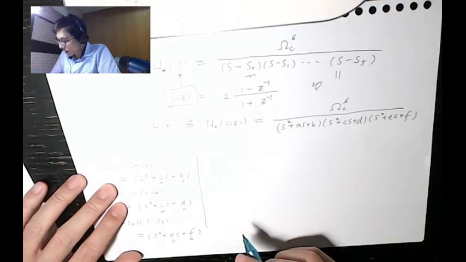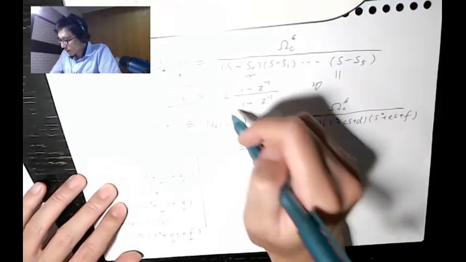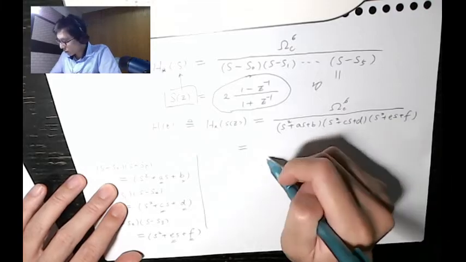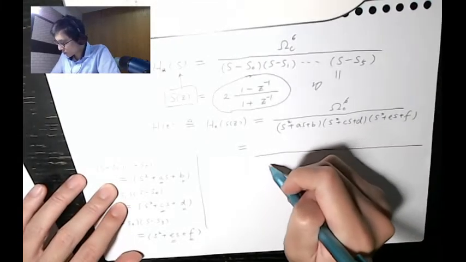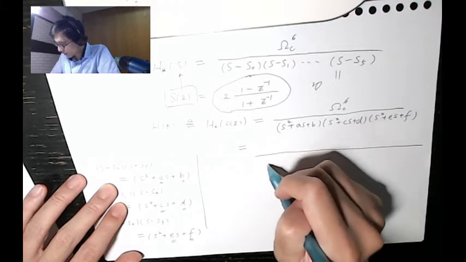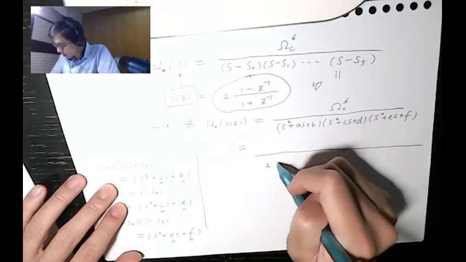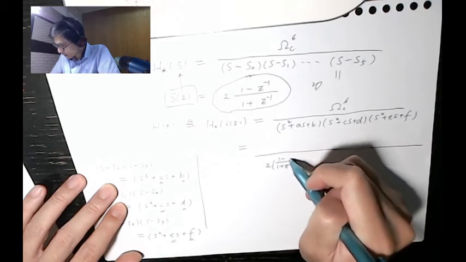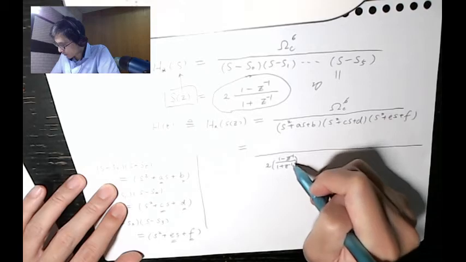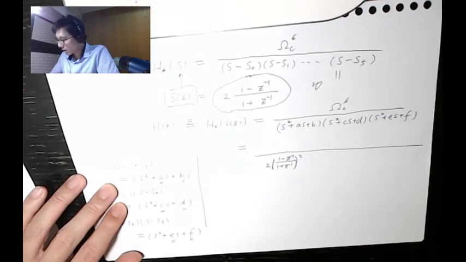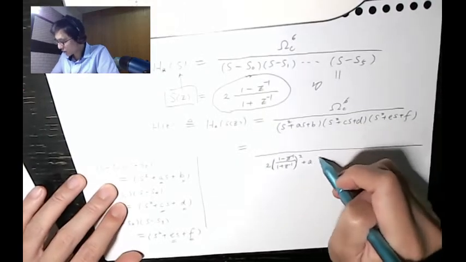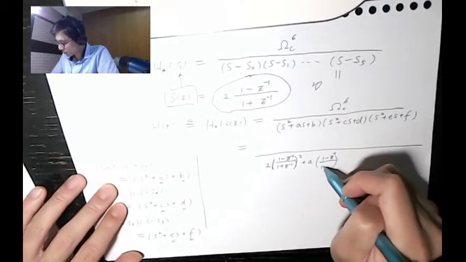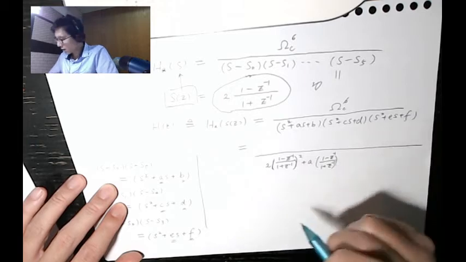And then, what is s? s is a function of z. So now what you need to do is faithfully put in 2 times (1 minus z inverse) divided by (1 plus z inverse), squared, and plus a times exactly the same thing, and plus b.